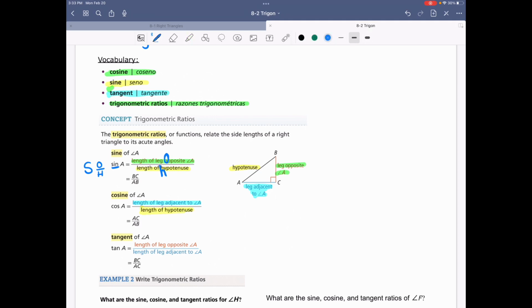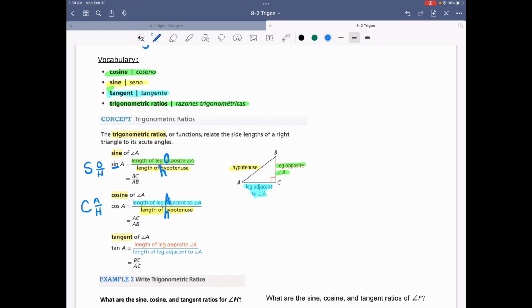So for this one, the way I remember it is ka. Ka, like a crow says ka. And that's for adjacent, the A, and H is for hypotenuse.